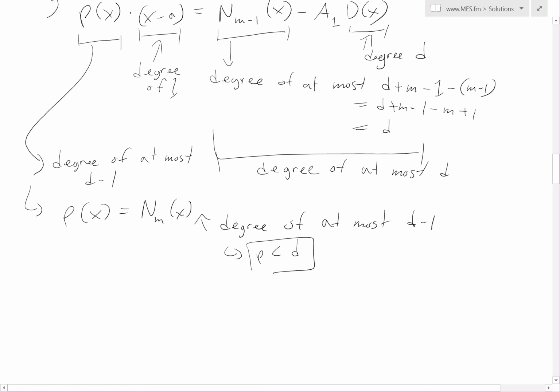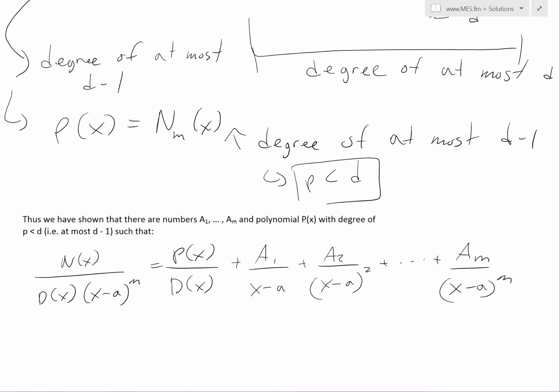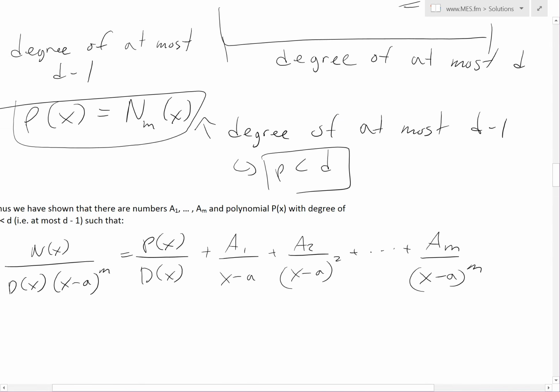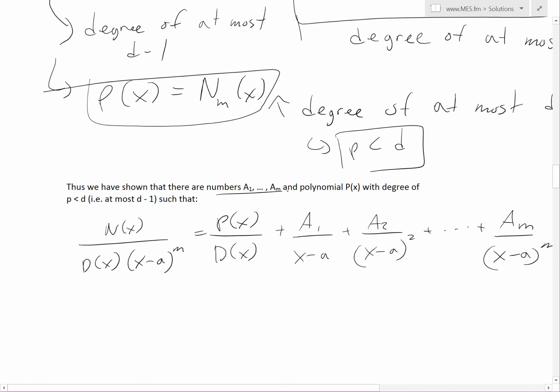Right here, and that's in the proof. The degree of p is less than degree of d, which is the same thing as saying d minus 1. So if we recap, we have found that p of x is a polynomial of degree at most d minus 1.